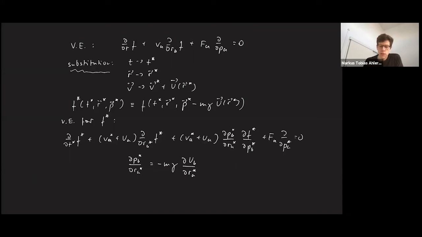So the first term that appears here is scaling like u squared. So for the first order approximation I can drop this dependence on U_A, and we are basically left with two additional terms to the Vlasov equation. And these two additional terms go like this here and this here.